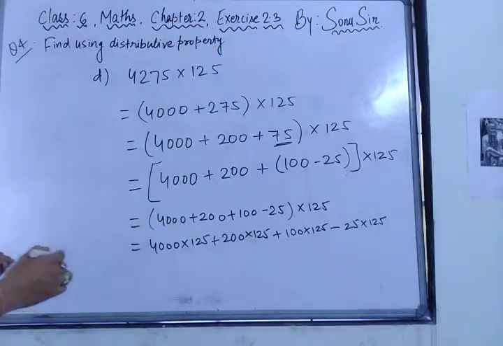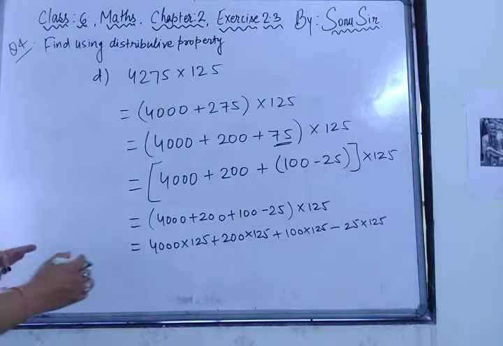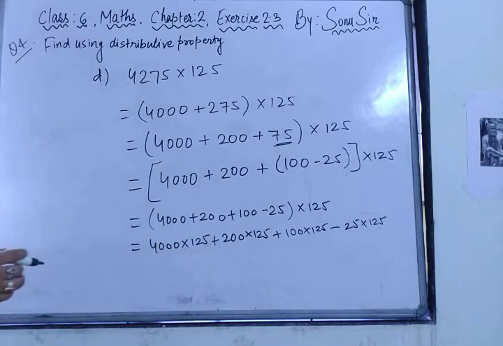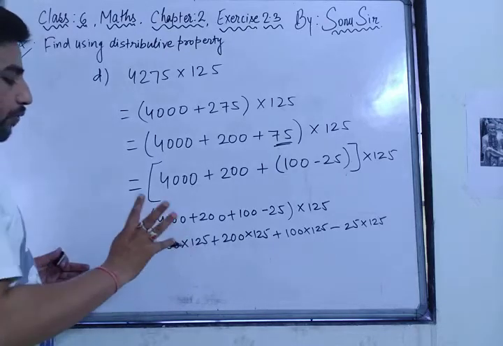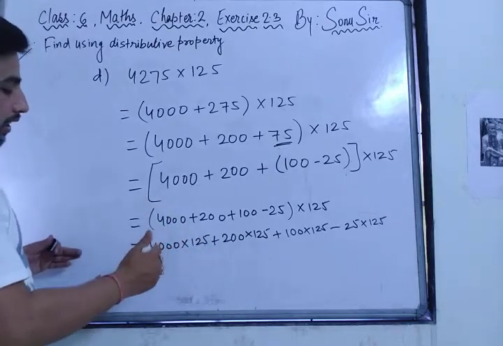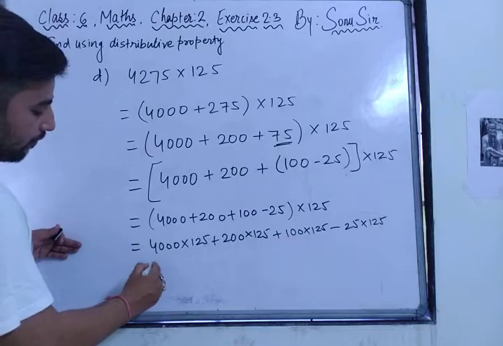Got it? So first of all, 125 4s are 500: if you multiply 100 with 4, 400, and 25 4s are 100. So 400 plus 100, 500.